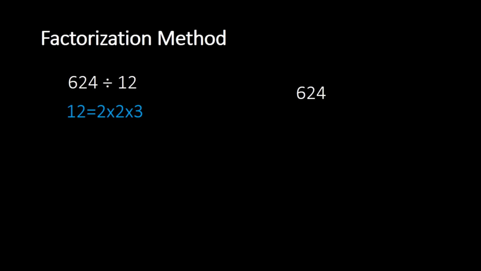Okay, so we'll start off with 624 and use the number 2 and look at the symbol here. So it's sort of like the reverse symbol for the long division method, and we'll divide 624 by 2, so half of that is 312.